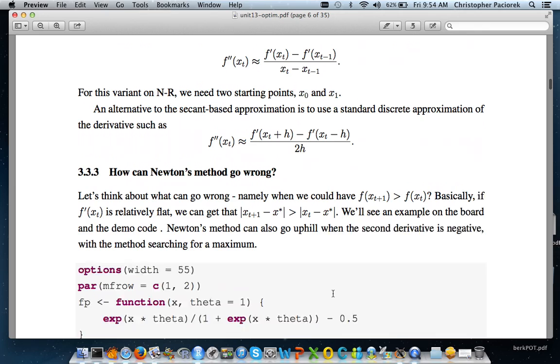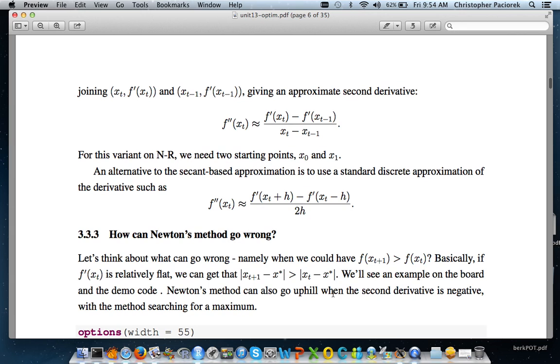Okay, so let's think about how Newton's method can go wrong. I think what would be helpful here is to just pause for a minute and have people try and think about drawing out functions and what would happen for different kinds of functions. So let's go back to our original function f, and I drew it like this, and I said, okay, the result of that is I get a gradient function that looks like this, and then I'm going to draw tangent lines, and I'm going to march my way to get to the 0.